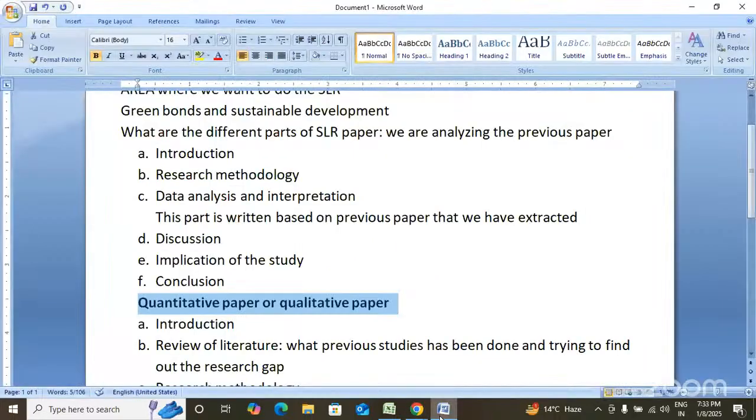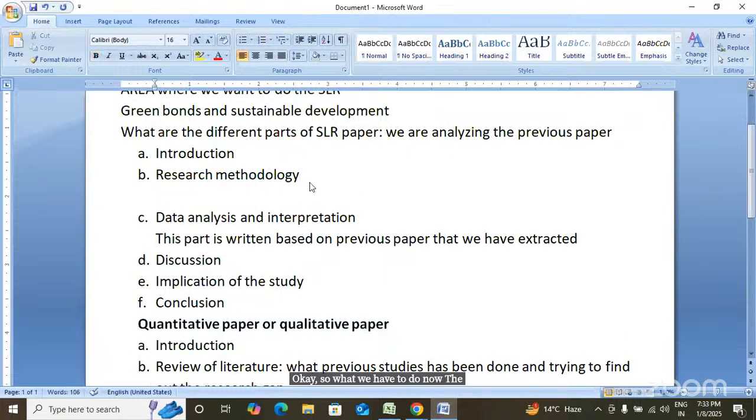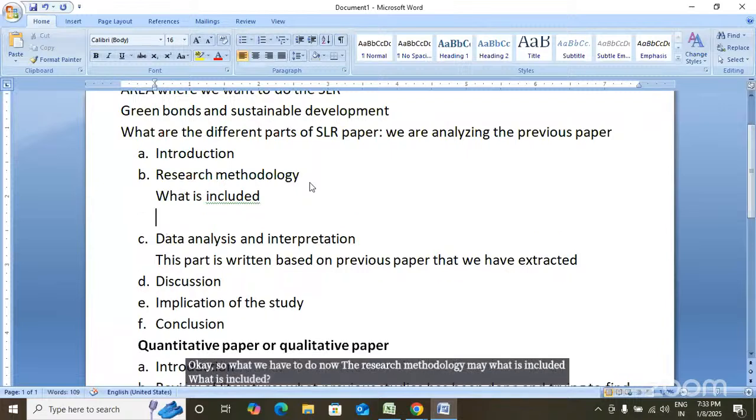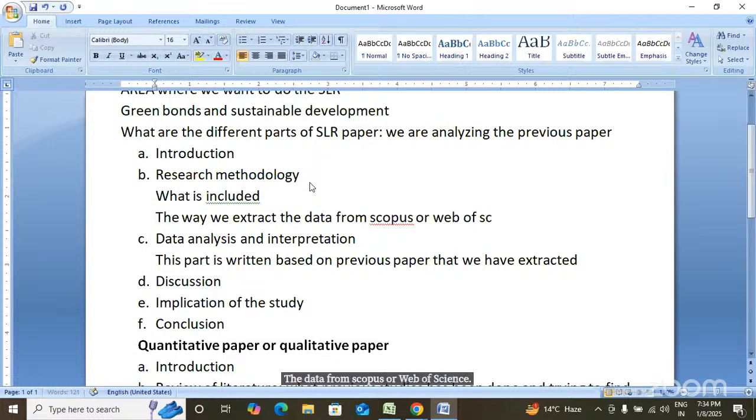Okay. So what do we have to do now? In the research methodology, what is included? The way we extract the data from Scopus or Web of Science or Google Scholar.